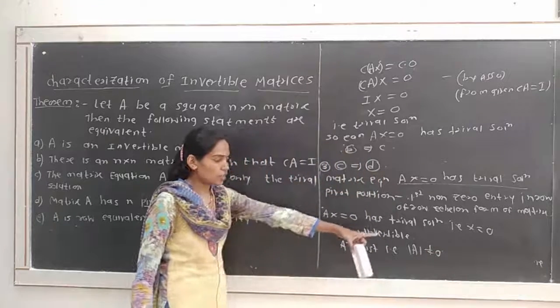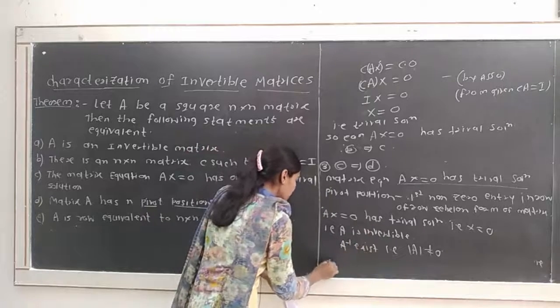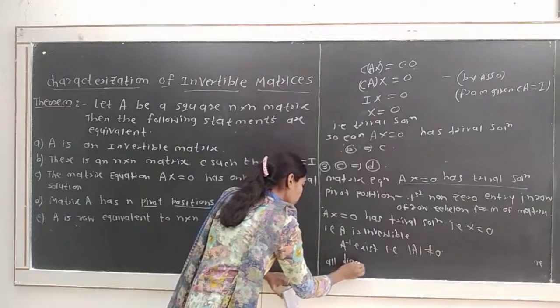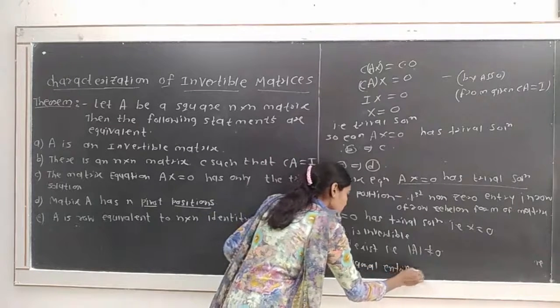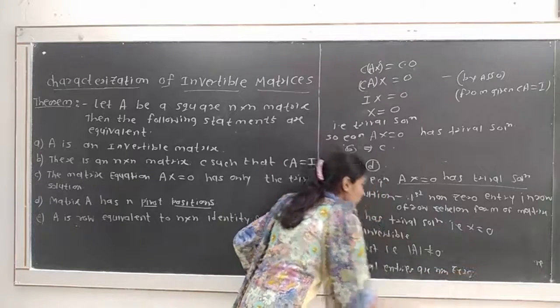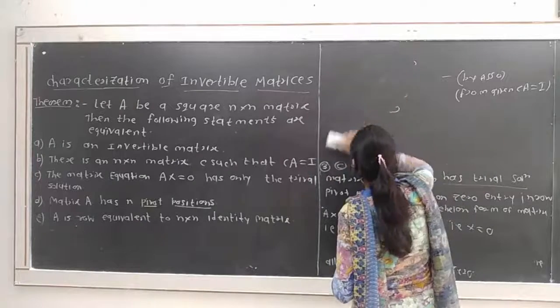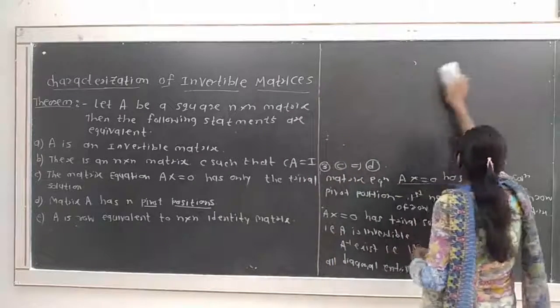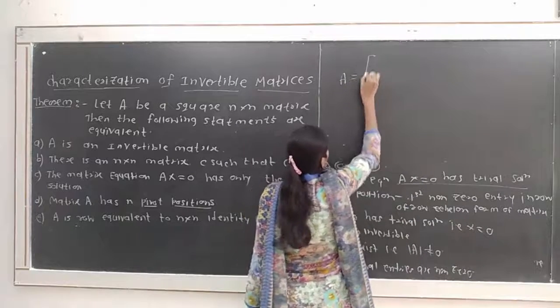And if determinant of A is not equal to 0, that means all diagonal entries are non-zero. That is, we can write the matrix in this form, all the diagonal entries are non-zero. That means matrix A is in this form.